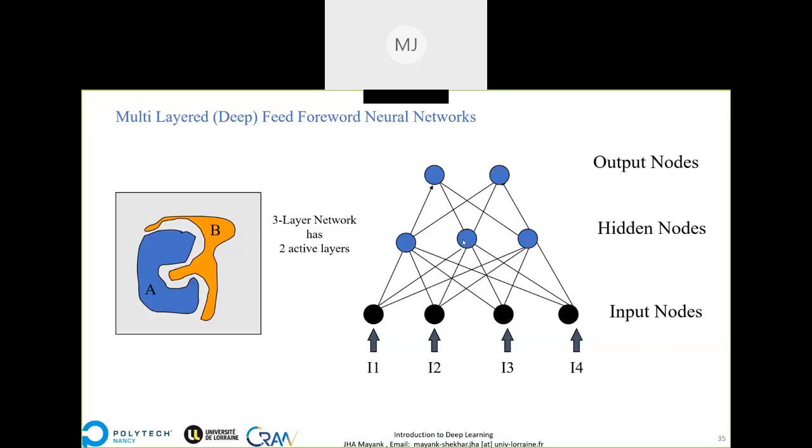In principle, it has the universality property, which means that it can approximate any given function if a sufficient number of nodes and layers are used.